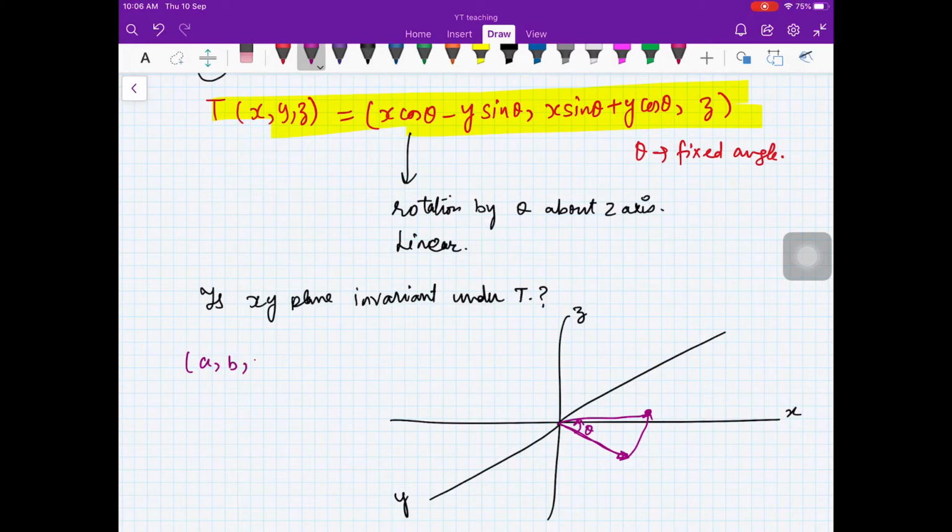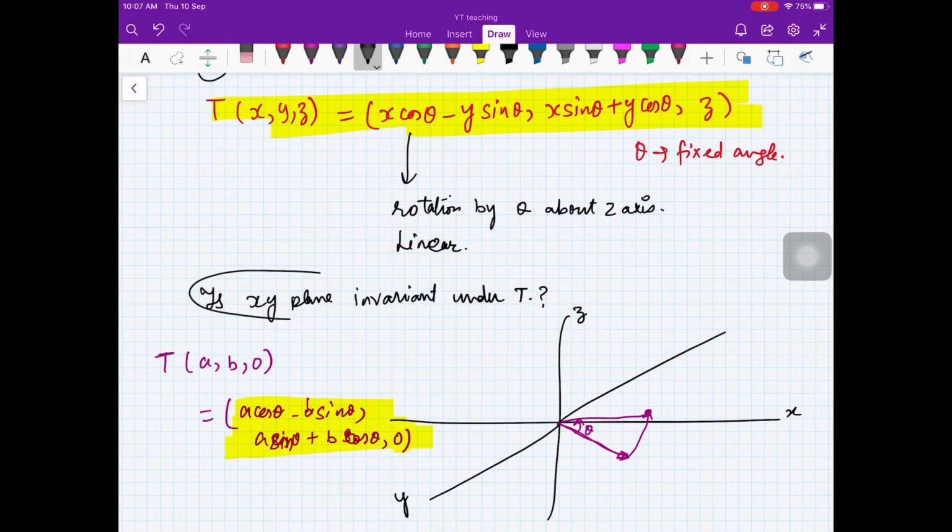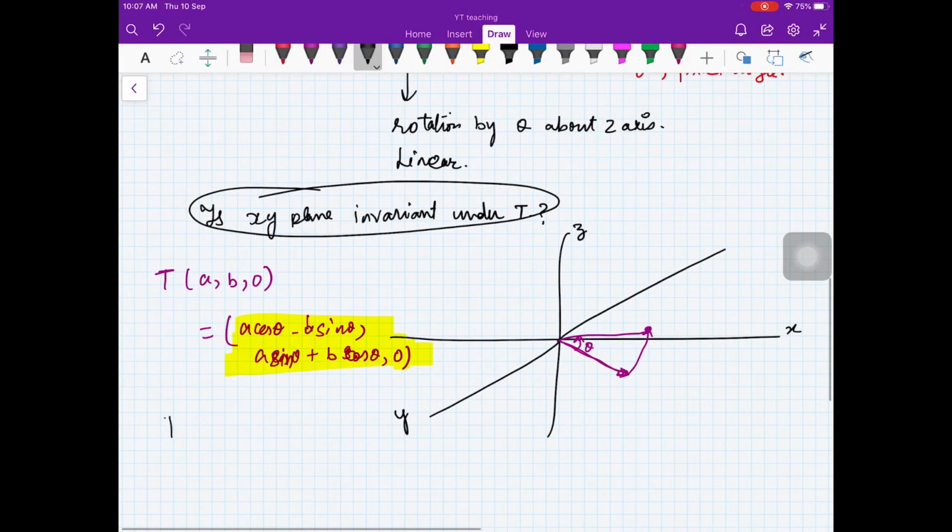If you take a, b, 0 and you apply T on it, you are going to get a cos theta minus b sin theta, a sin theta plus b cos theta, and 0. Since the third component after transformation is still 0, you are still in the xy plane. So T of the xy plane is still in the xy plane. Therefore the xy plane is T invariant.